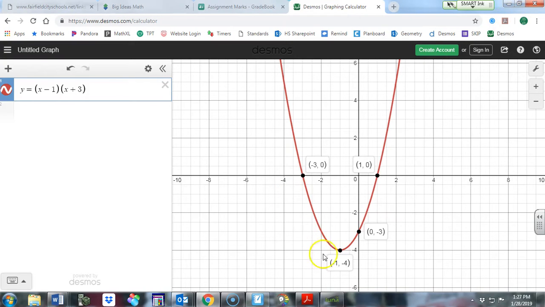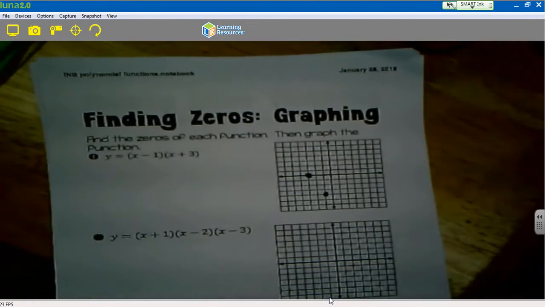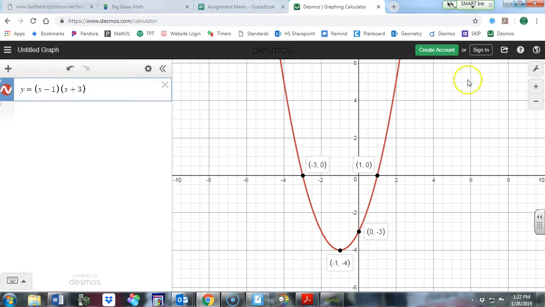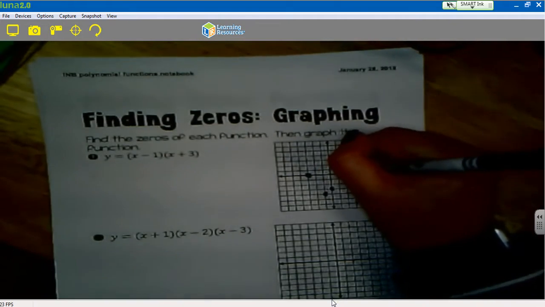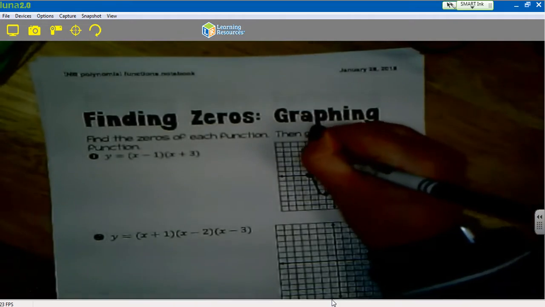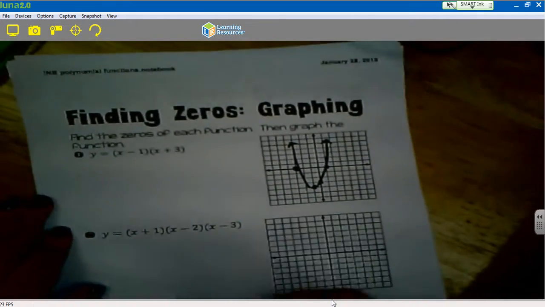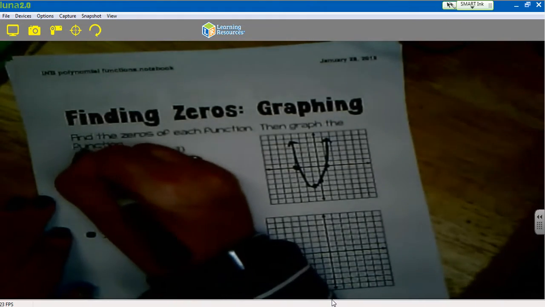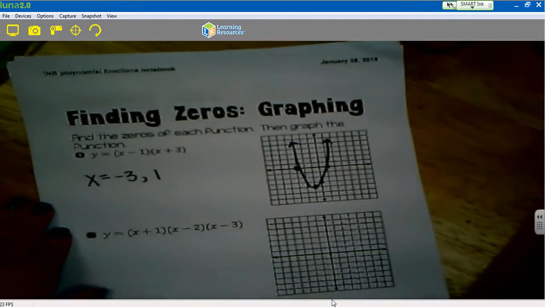We have a value at negative 1, negative 4. 0, negative 3, and then 1, 0. And that's our parabola. So where are we crossing the x-axis? We're going to cross the x-axis at negative 3 and positive 1.